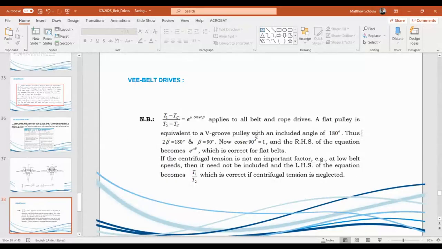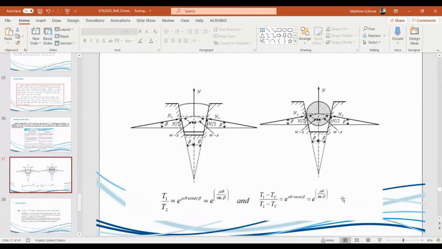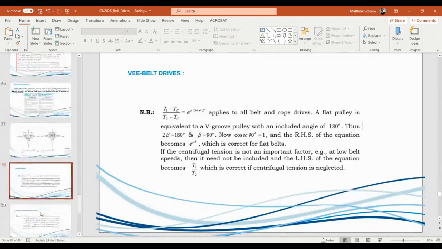In essence, what's most important of all of this is that we have a new groove angle. The groove angle is this over here. And when we do our calculations, we have to divide the groove angle by 2. So you'd pick that up within the calculation. It's also fairly simple, just an extra add-on.